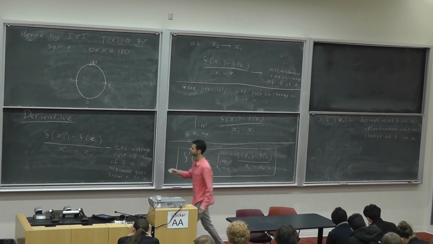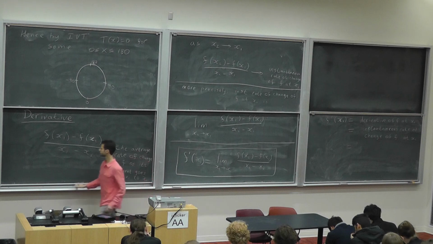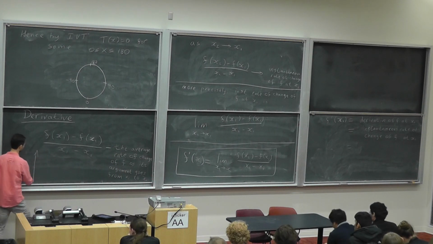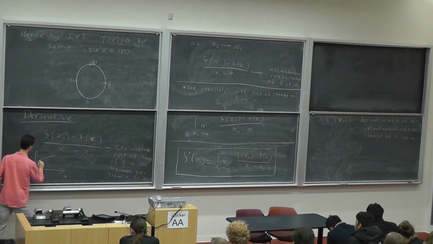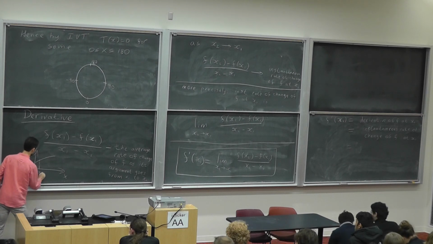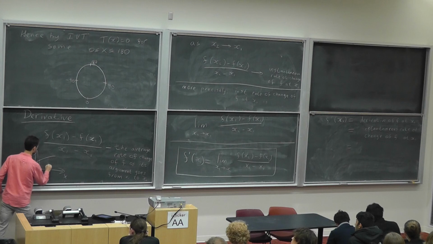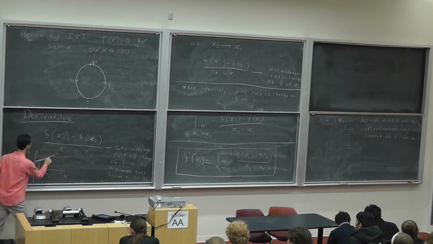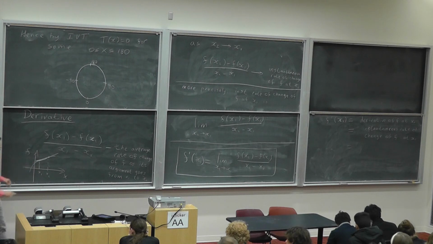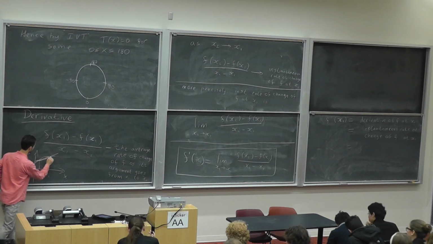Another interpretation: this quotient, if you recall a picture, was the slope of the secant line passing through the points (x1, f of x1) and (x2, f of x2).